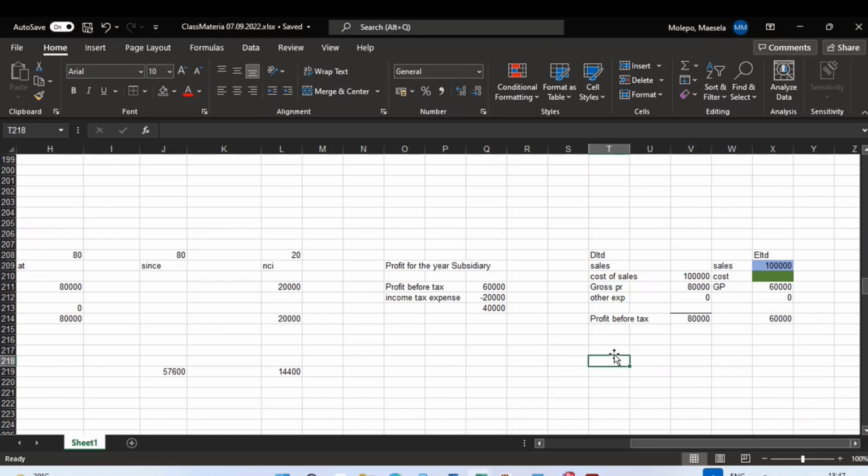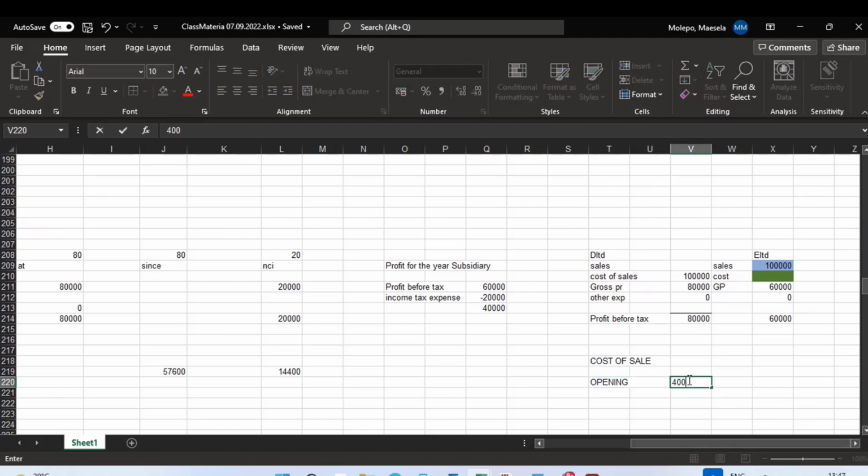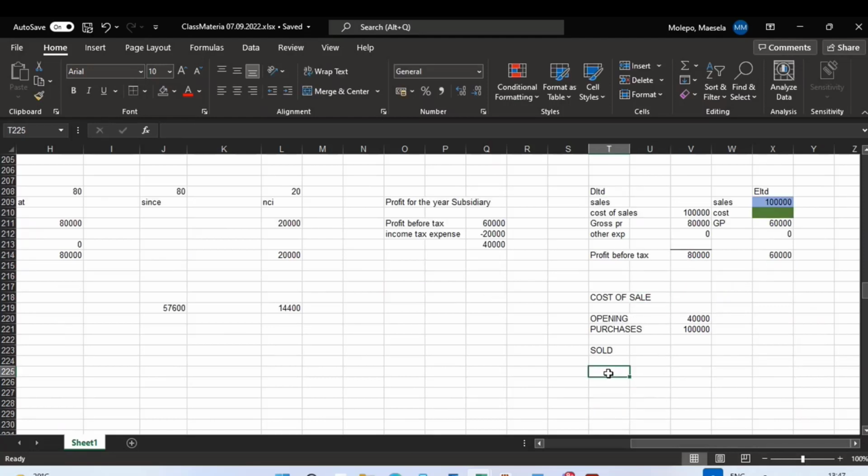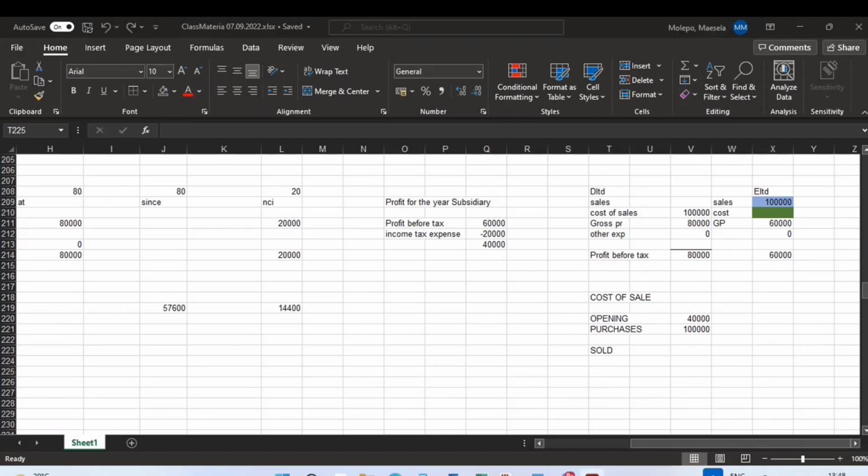So let's calculate the cost of sales. We have opening balance of 40, that is D Limited. Purchases, because he purchased everything for the year from E, is 100,000. Then there must be the one he sold, which we don't know yet. But all we know is the closing balance of his inventory at the end of the year was 50,000.